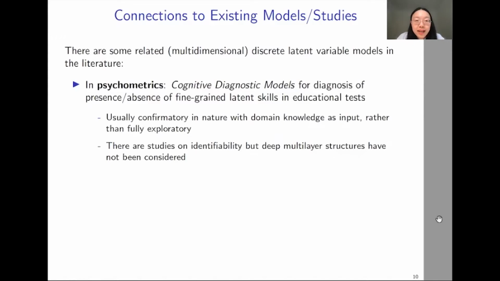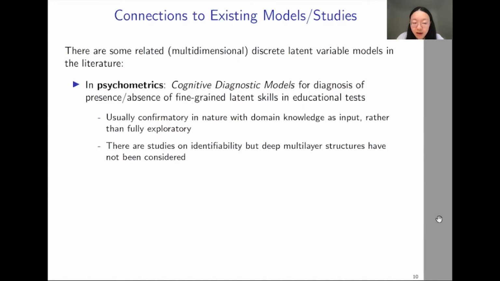There are some interesting connections between our models and some other existing works. In psychometrics, there have been a family of cognitive diagnostic models for diagnosing presence and absence of latent skills. But these models are usually confirmatory rather than fully exploratory.